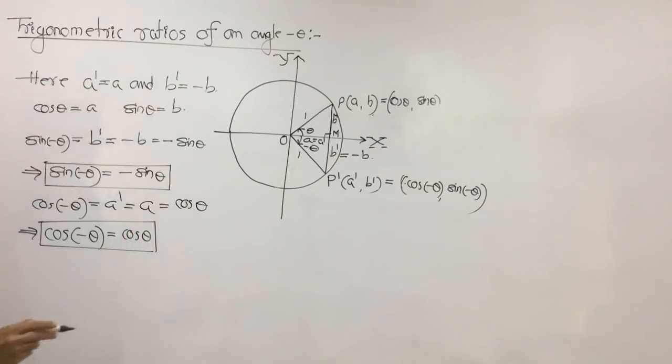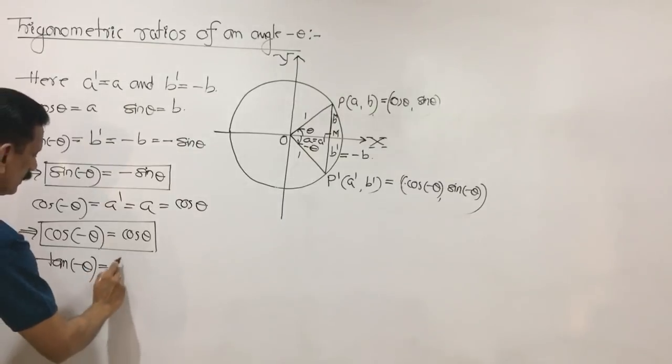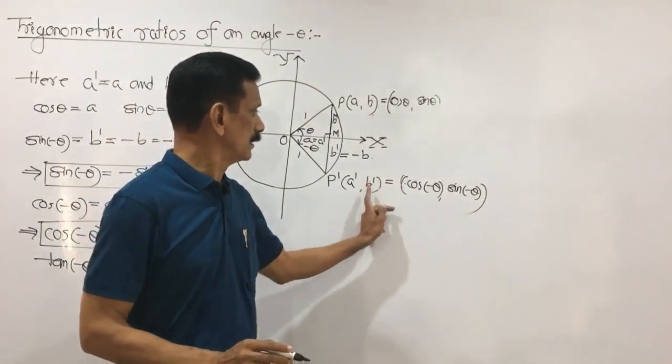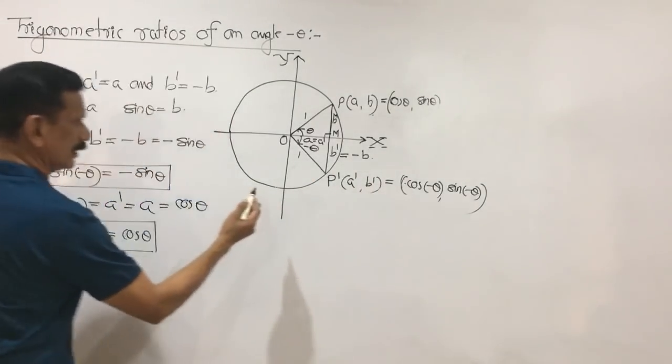After that, I finally take tan theta. So tan of minus theta is ordinate divided by abscissa, meaning B dash divided by A dash, because here we have taken minus theta.